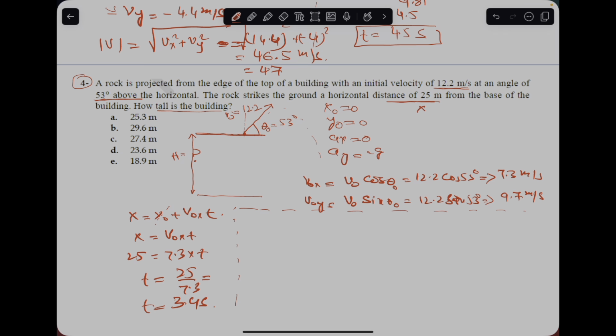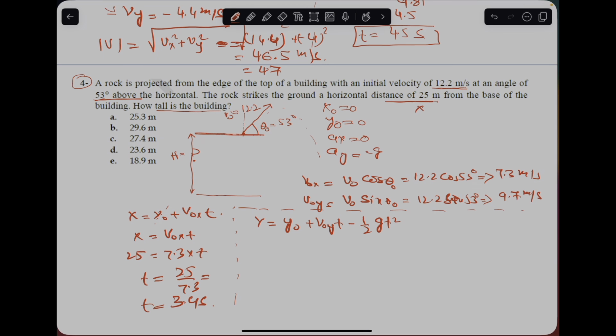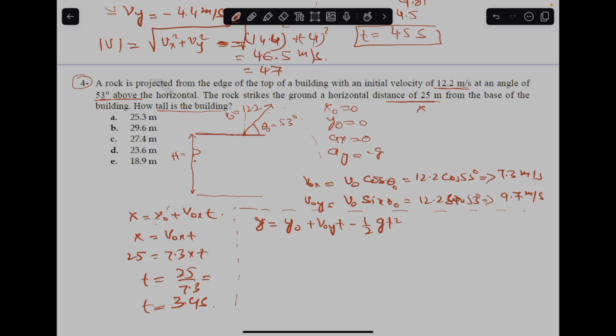Now we're going to analyze the y equation. y is y naught plus v naught of y times t minus 1/2 g t squared. We wanted to know this height, so y is minus h, and y naught is 0. So minus h equals 9.7 multiplied by 3.4 minus 1/2 times 9.81 times 3.4 squared.